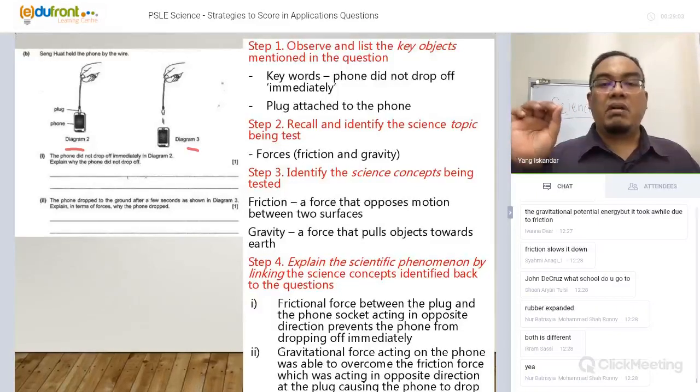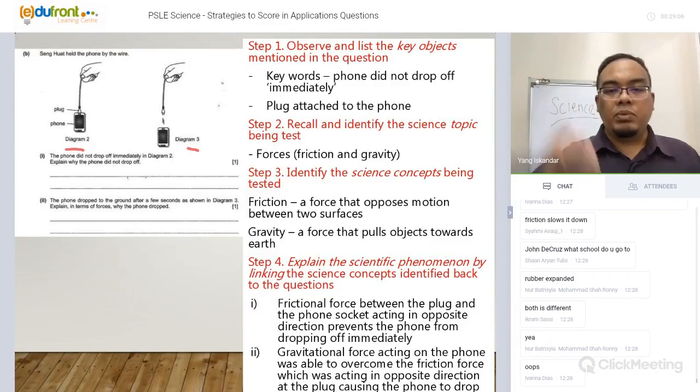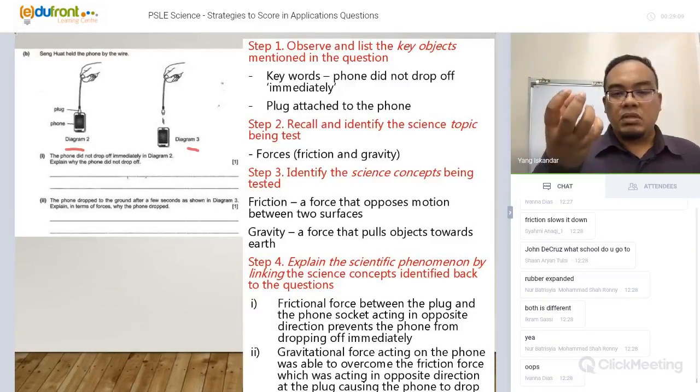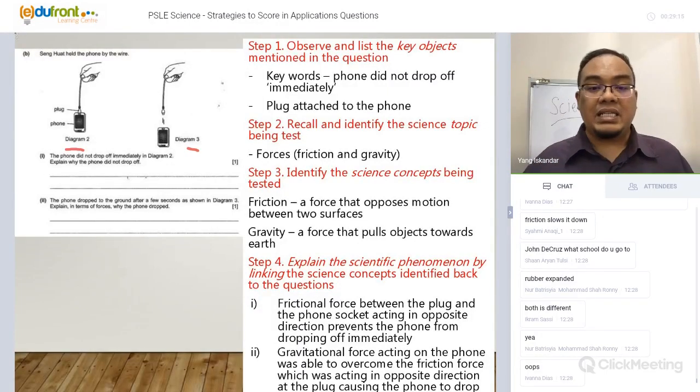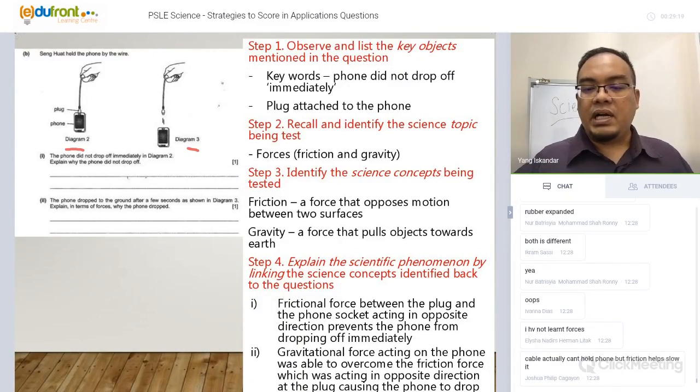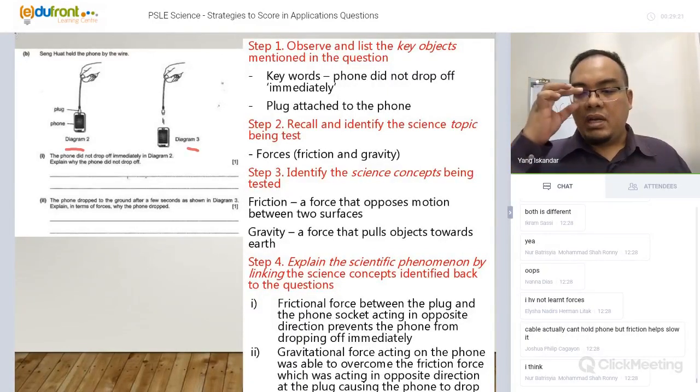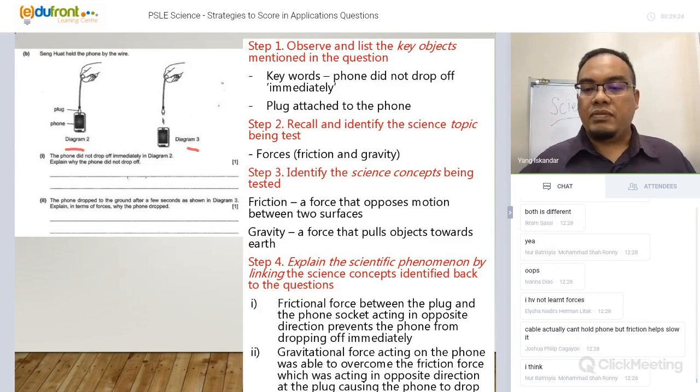But here we are talking about gravitational force or gravity, which is the pull of the earth. The earth pulls objects towards the ground. That is gravity. Gravitational potential energy is stored energy. So both are different. Yes, Ikram, correct. You have not learned forces, no problem. We are going to learn forces in these few weeks.